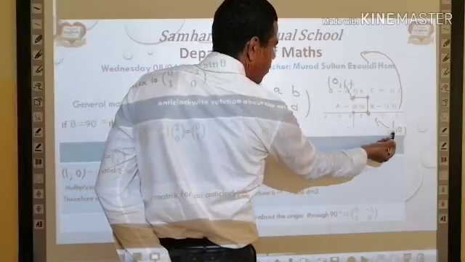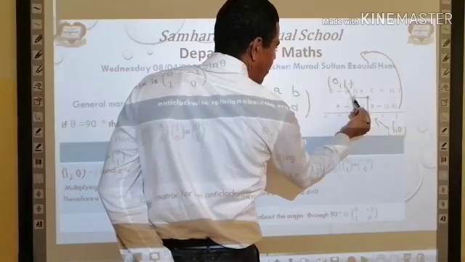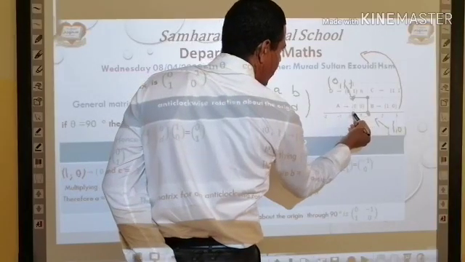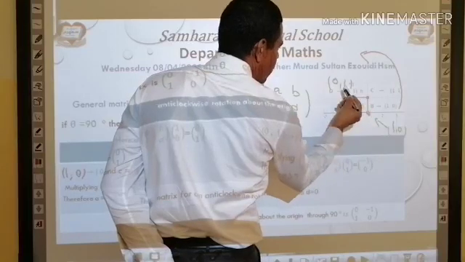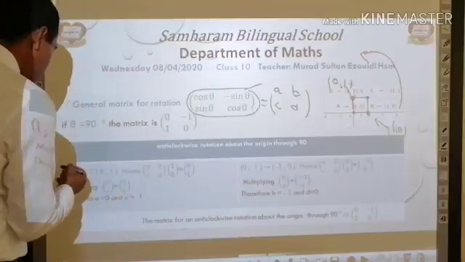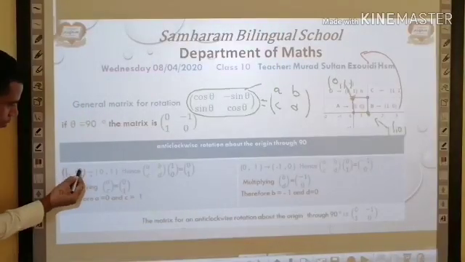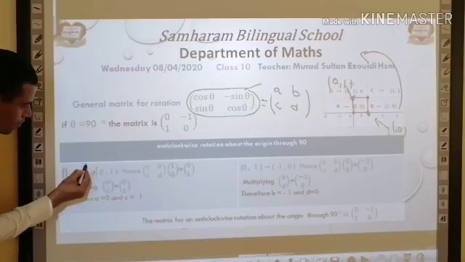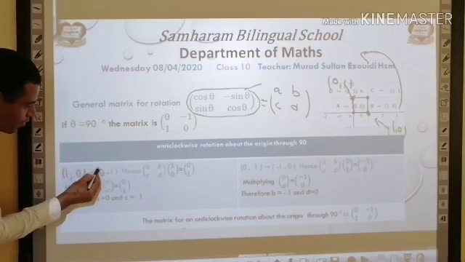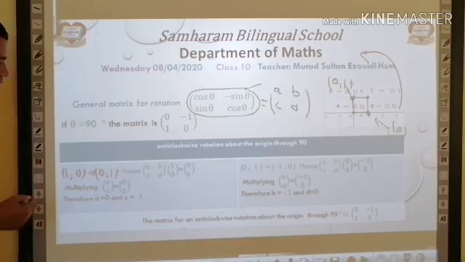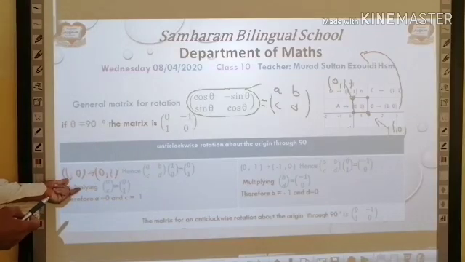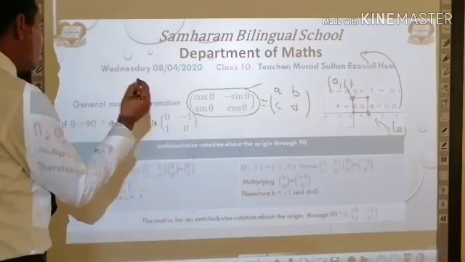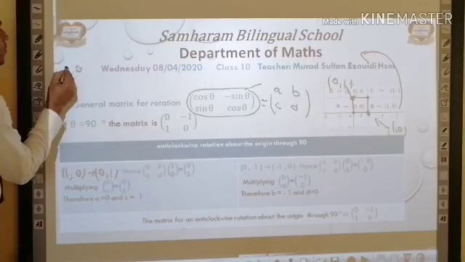This point has coordinates (1, 0). When it rotates 90 degrees, it will be this point, (0, 1). So (1, 0) maps to the point with coordinates (0, 1).